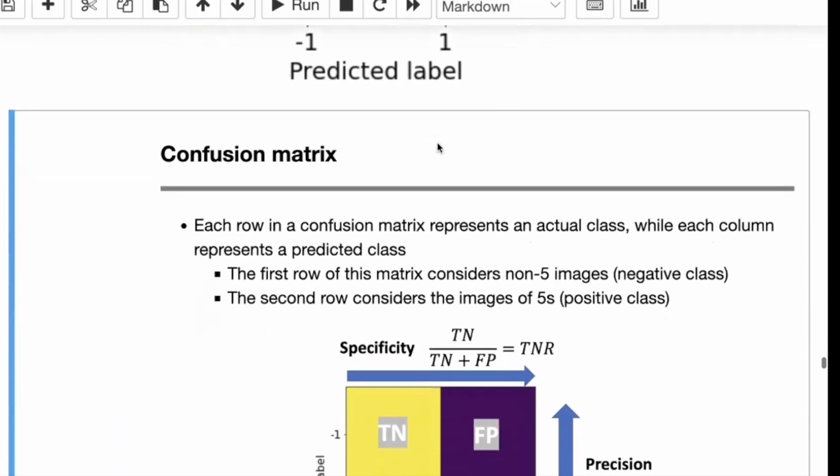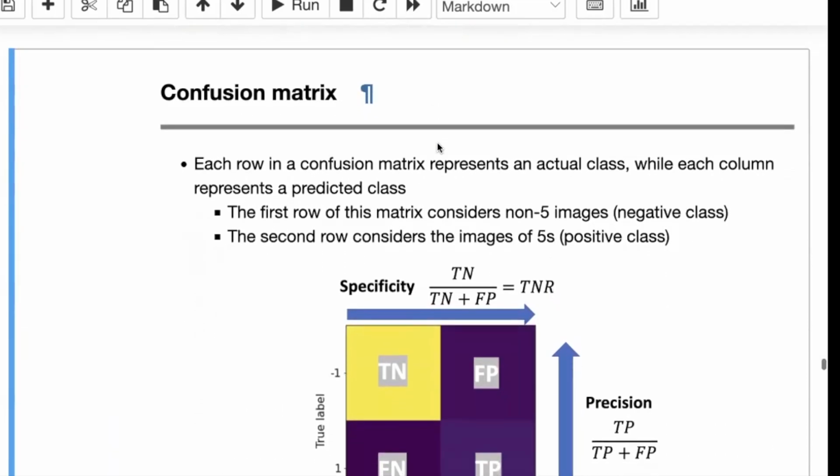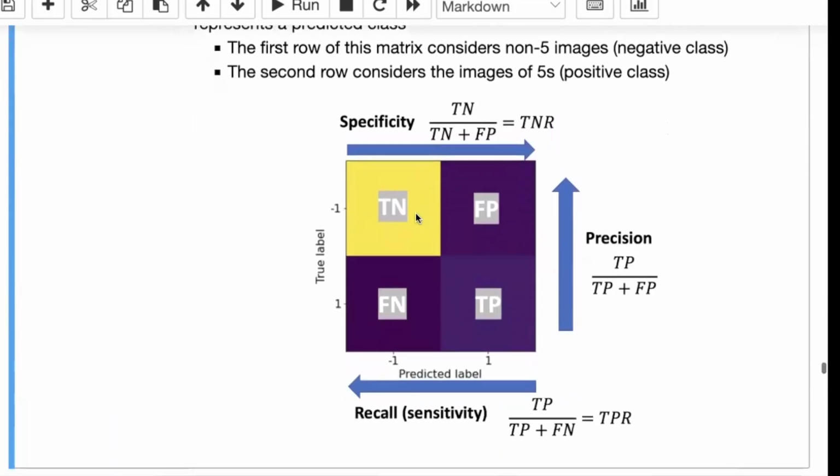To make this a little bit more formal, we can think of the elements in this location as true negatives, meaning that they're negatives and they're also predicted to be negatives. So that's true negatives. Similarly, we have true positives. However, this term that we have here is what we call a false positive.